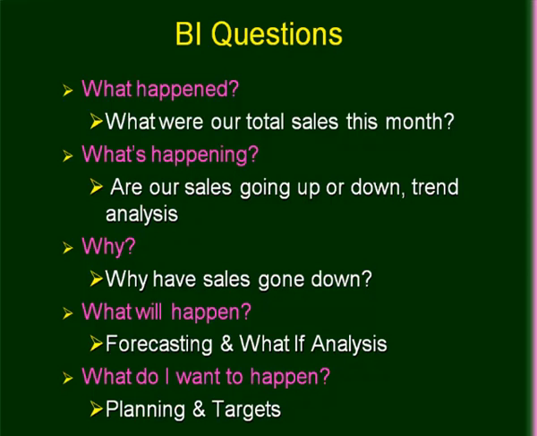Reasons for happening is again a question. What will happen? Forecasting. Then what do I want to happen? Planning. You have to meet the targets. If you want to meet the target, you have to plan. So these are called demand oriented questions. Such questions can be answered very easily using BI.